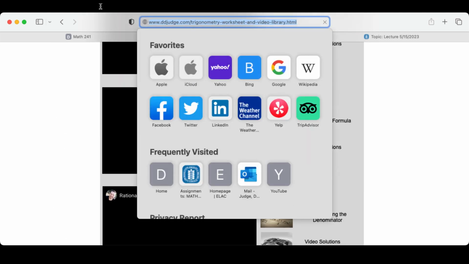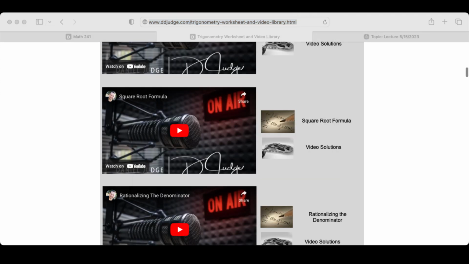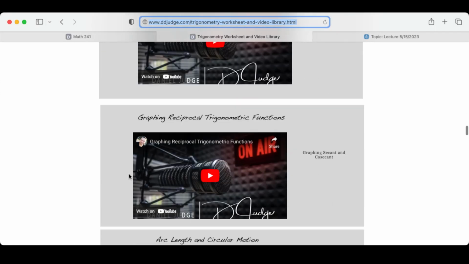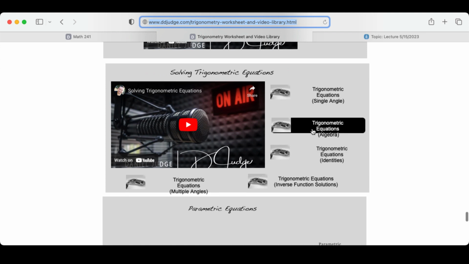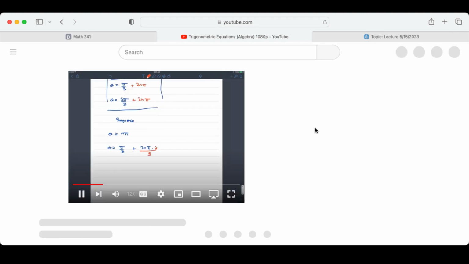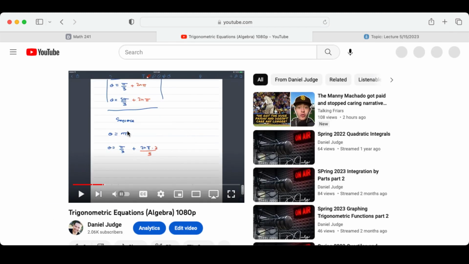I'll put this in the chat for you guys. I do have other examples. Go all the way down to trig equations using some algebra. All right, you guys okay with that?